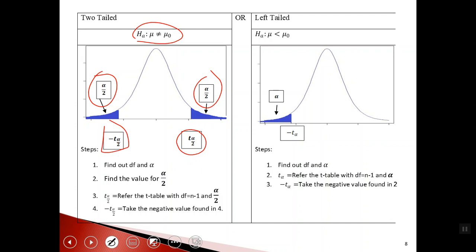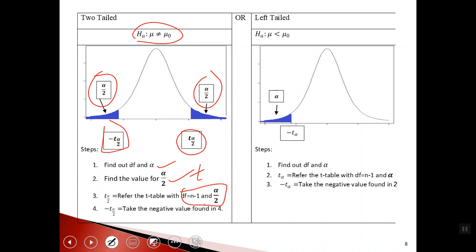Find the degree of freedom and alpha, then find the value for alpha over 2. Refer to the t table with degree of freedom n minus 1 and alpha over 2, and find the t value which I talked about in the second step.